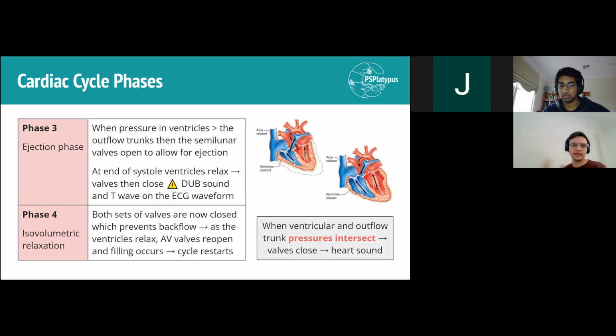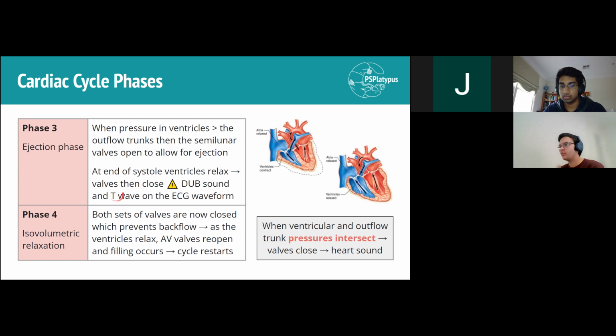And that'll allow all that blood to be ejected. Eventually the ventricles will relax, the pressure will go down again because all the blood is gone, the valves will then close, and you finally hear that second sound, which is the dub sound. So that's both sounds done.